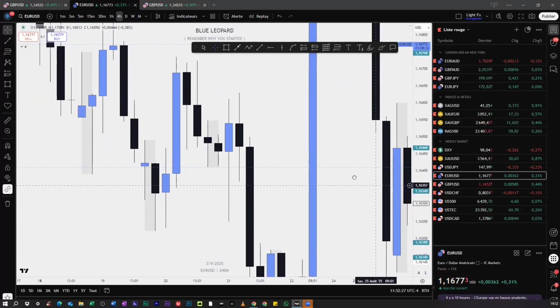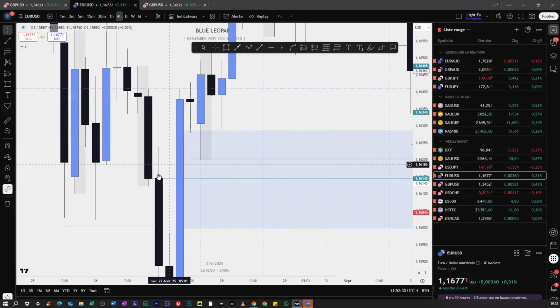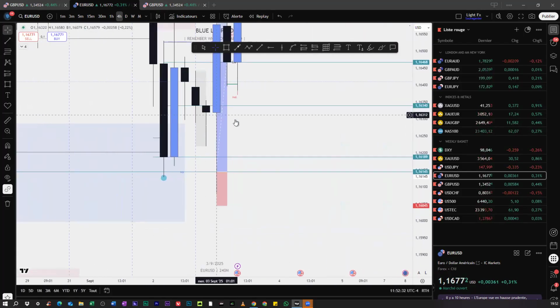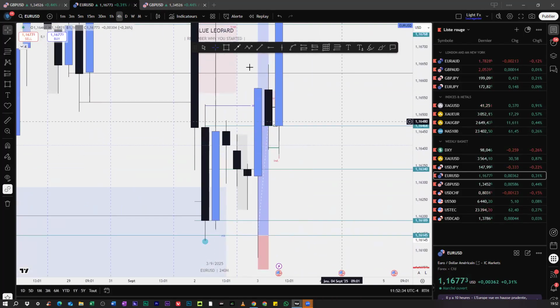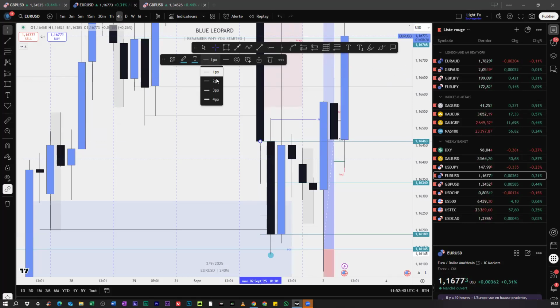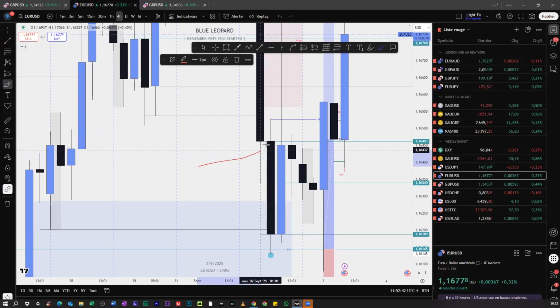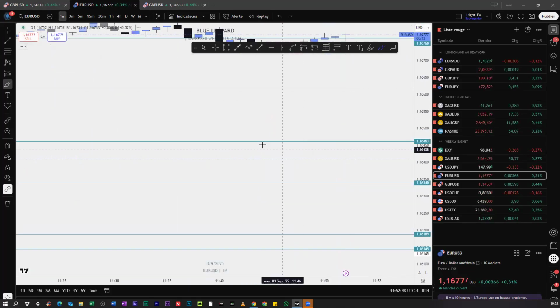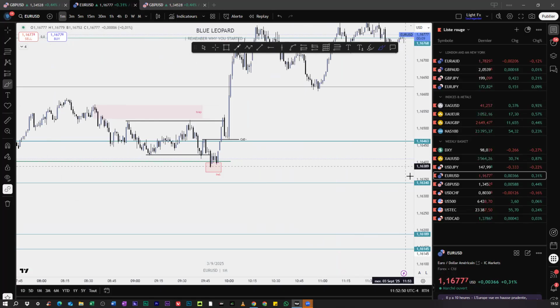Let me go and show you guys. You see this line? Do you see this line here? Let me put it, yeah, you can see here. This H4 key level went on 1 minute, became a change in the state of delivery.